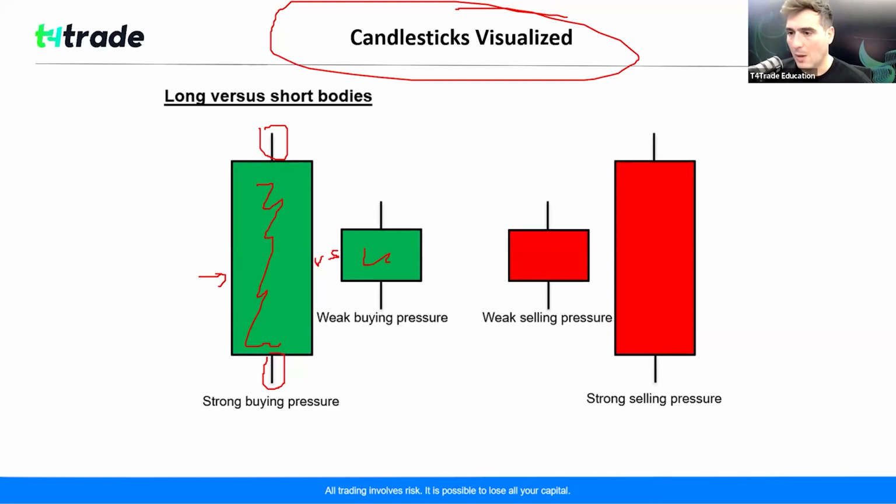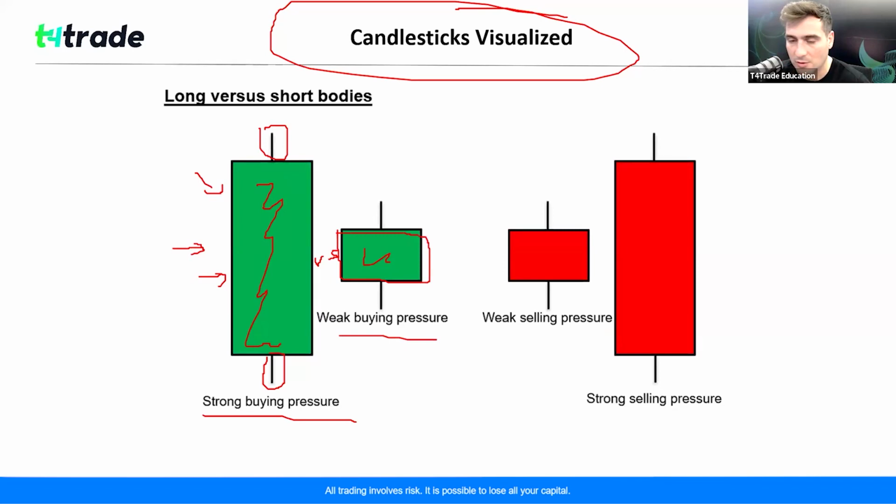A candle that has a big real body, much like the one we have here, means that there is strong demand, strong bullish pressure, strong buying pressure. Whereas a candle that has a smaller real body compared to this has, relatively speaking, weaker buying pressure.